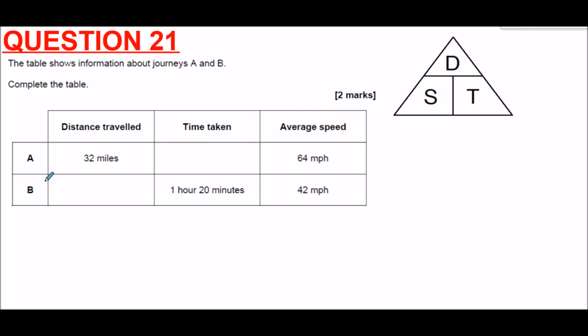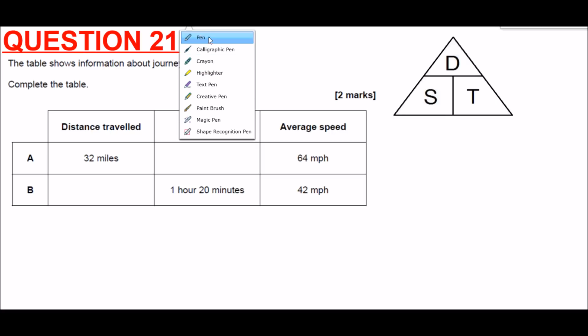So in this case, for A, we know the distance in miles, and we know the speed in miles per hour. So what unit of time is mentioned here? Miles isn't time, but H stands for hours. And so if we take these numbers and put them into the equation, hours in means hours will come out. So at any rate, we want to work out the time taken.